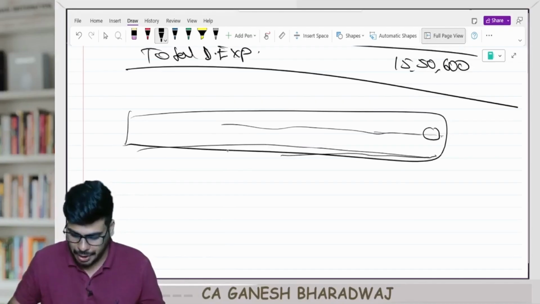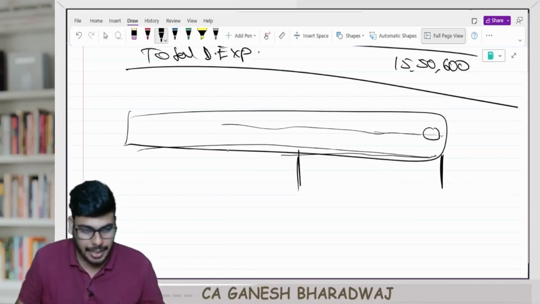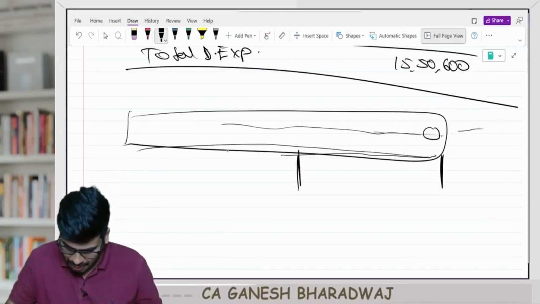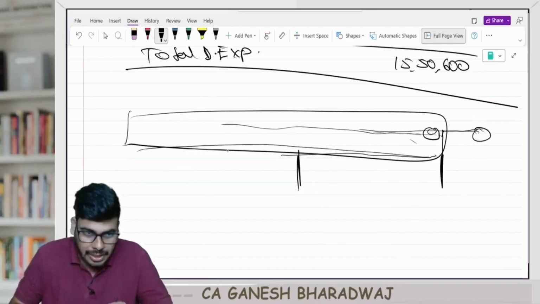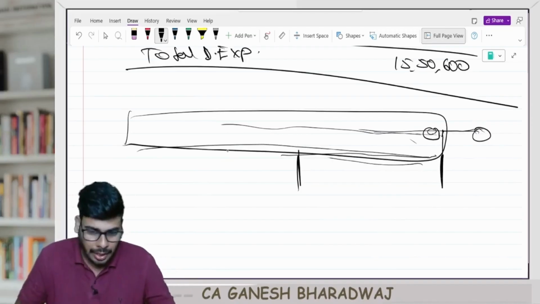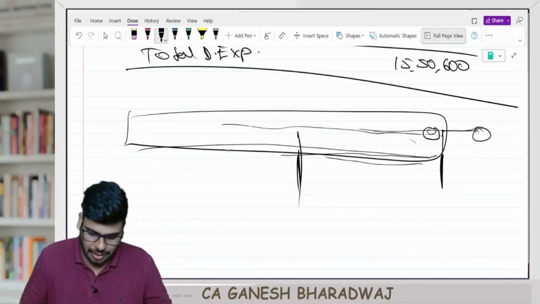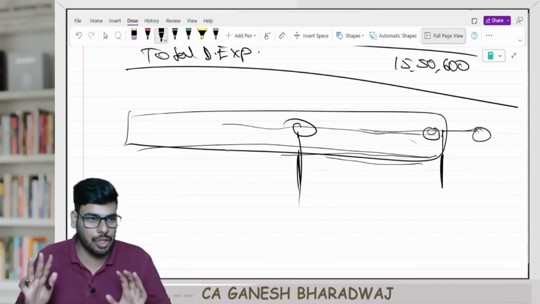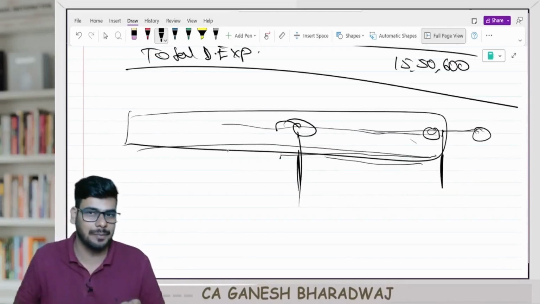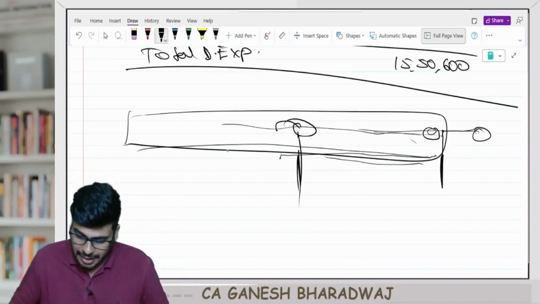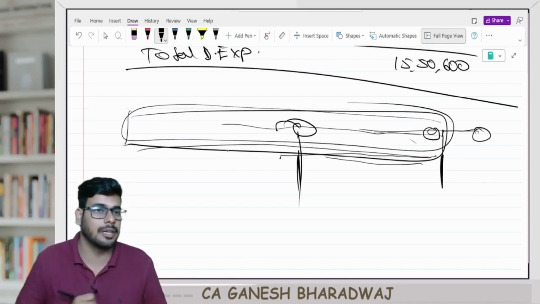Worker A is there. By the time the product comes here, he will start working and walk along with it slowly, and by the time it reaches here, his work should be over. From here, the next person will take over and start his work. Clear with this? This was how it was working.